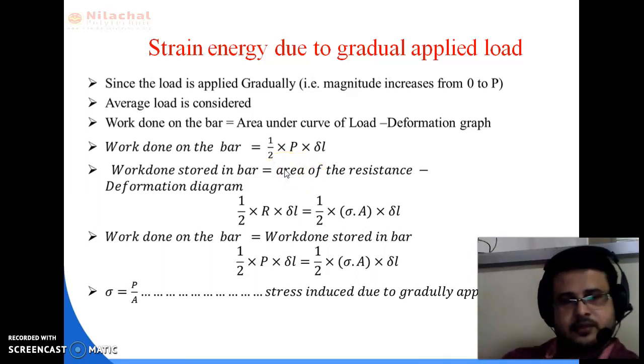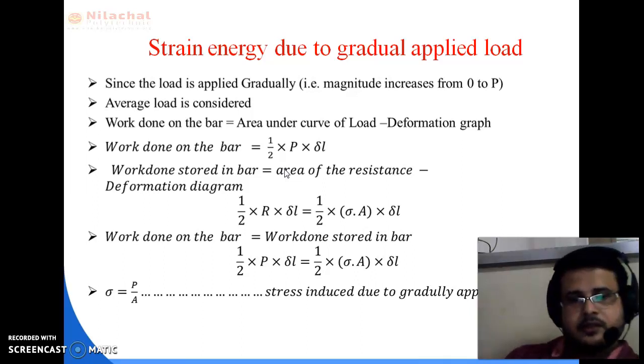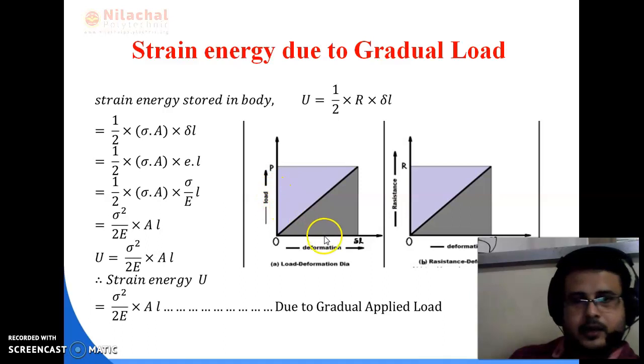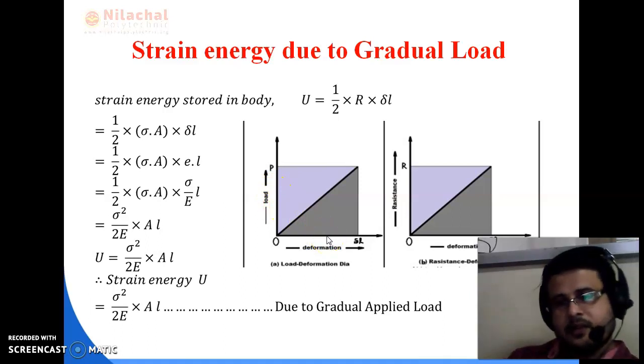In the previous class we discussed that during the strain energy calculated for a gradually applied load, the magnitude of load varies from 0 to maximum, and during that case the load is calculated and applied upon the material, and thereby the deformation takes place, and the load is up to the elastic limit point.